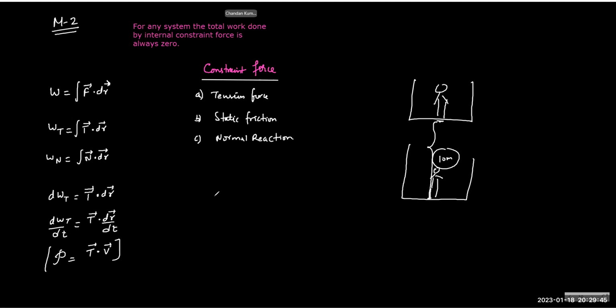So what this relation says is that the summation of the tension acting on the moving masses or the endpoints of the string, dotted with the velocity of those endpoints, if you do it for every moving part of the connected masses, must turn out to be zero.